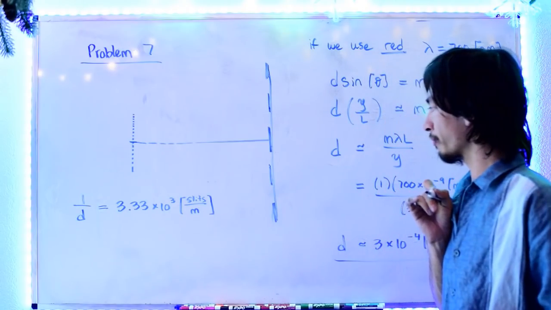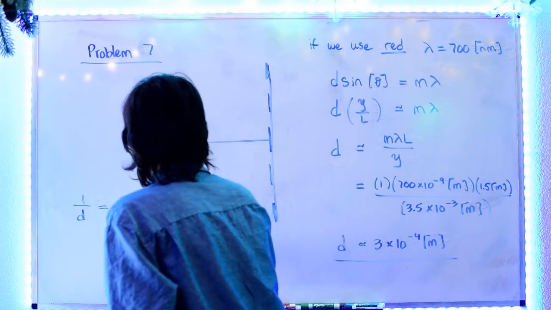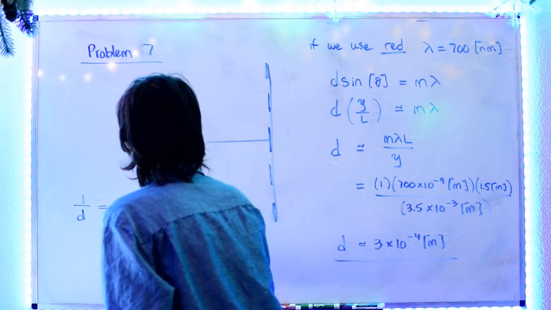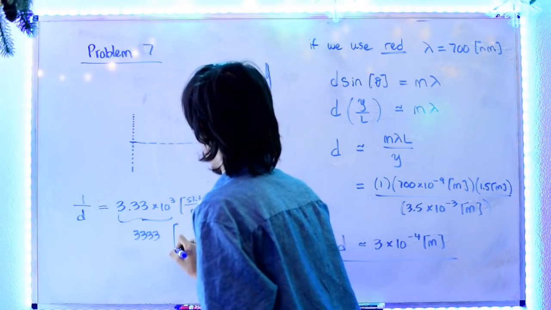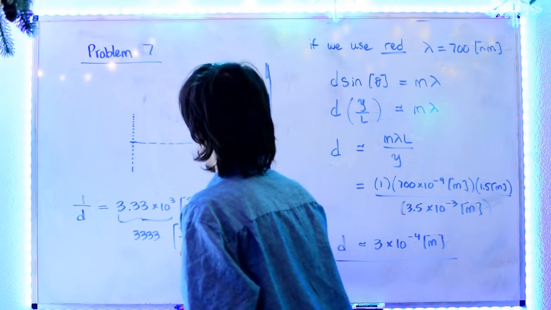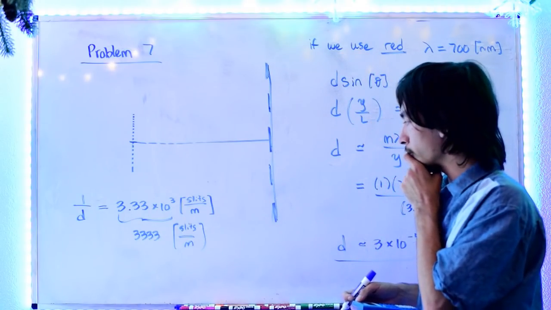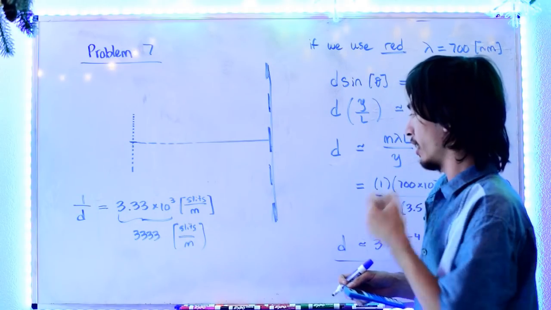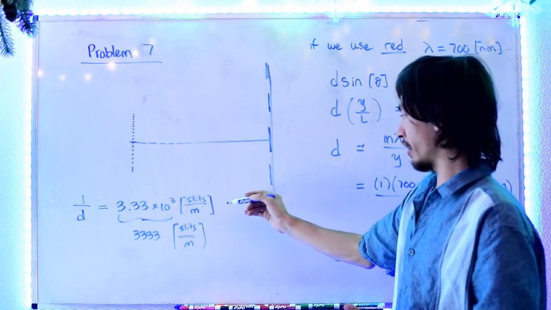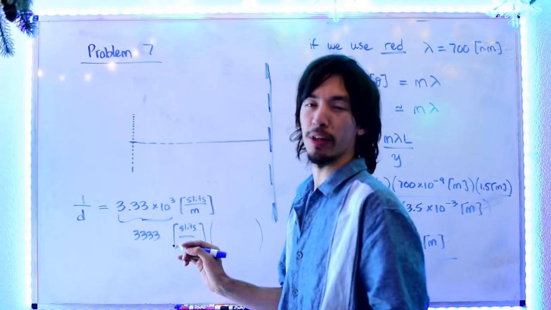If you want to rewrite this, this is actually 3,333 because it's actually repeated, slits per meter. So if I want it per centimeter, I need to convert this to centimeters, which actually I can already see I'm not going to get one of the right answers.